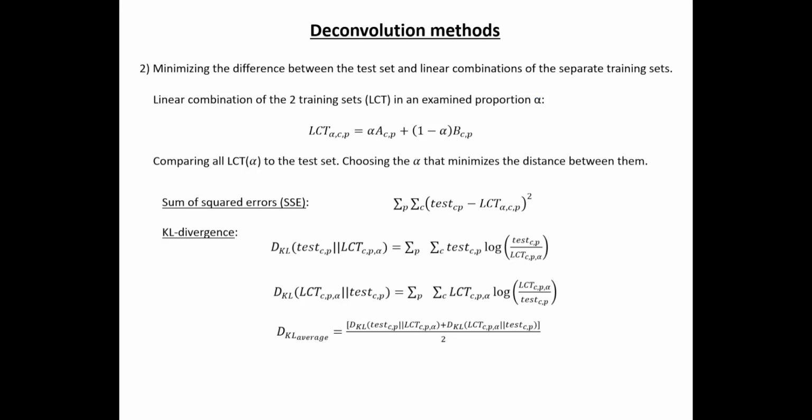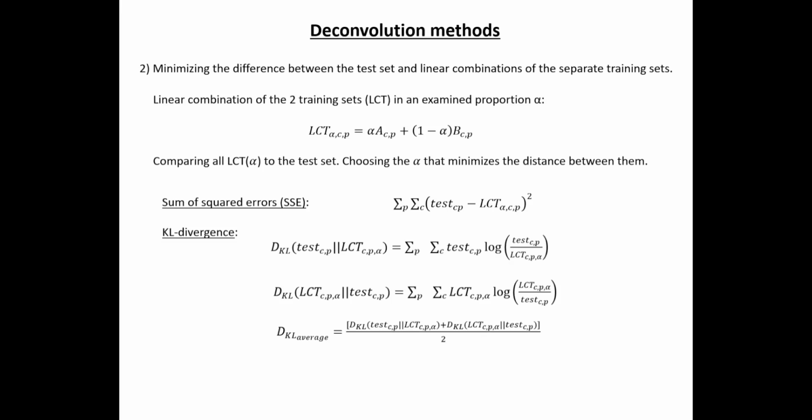A second method was to first select a resolution for deconvolution and assemble linear combinations of the two training sets with all possible mixing ratios according to this resolution. Then we want to find the mixing ratio that yields the minimal difference between the test set and linear combination of training sets.